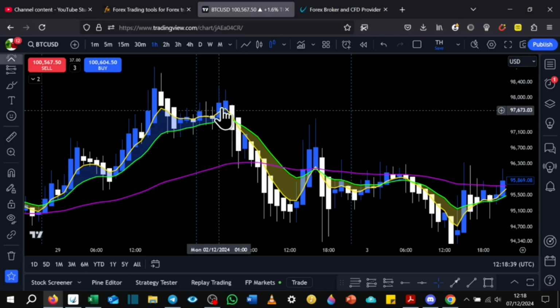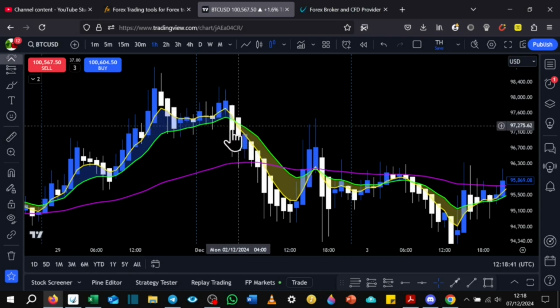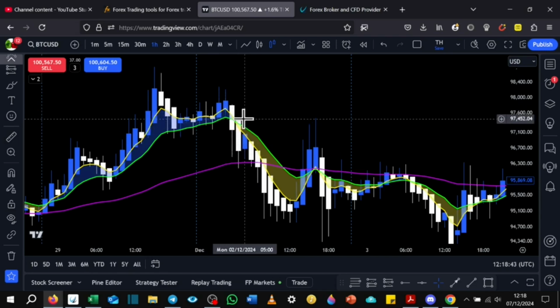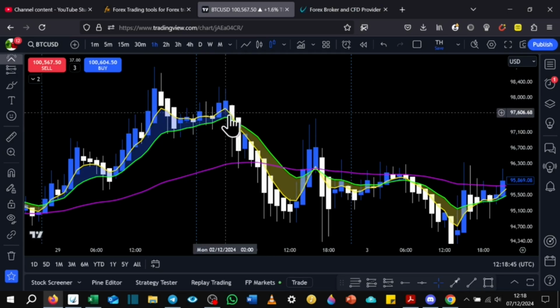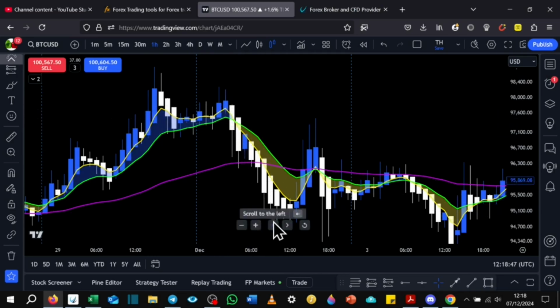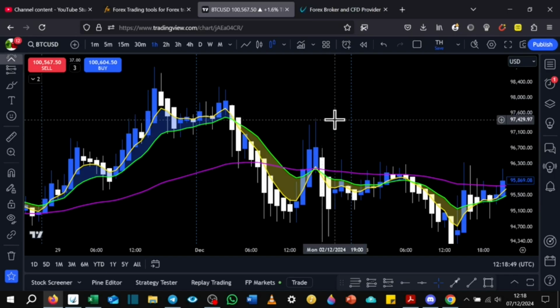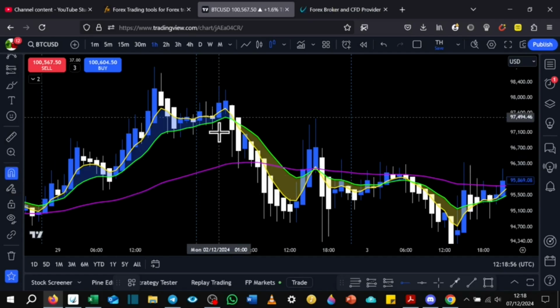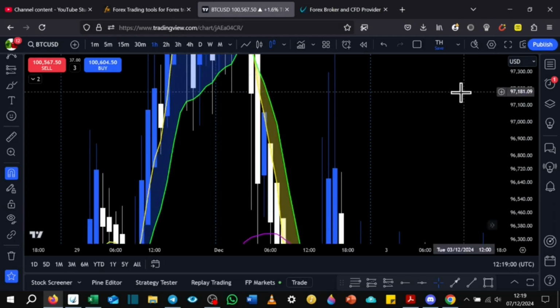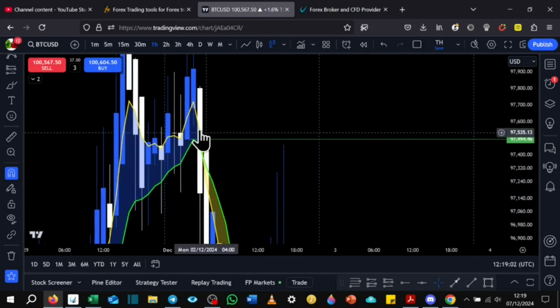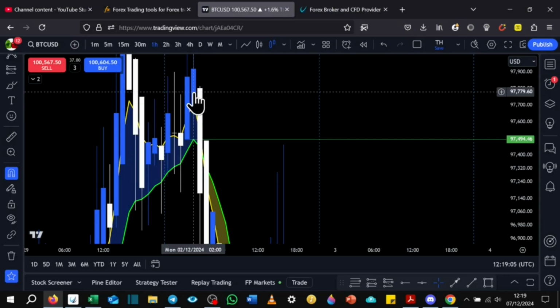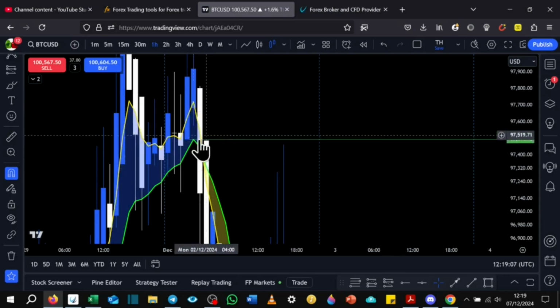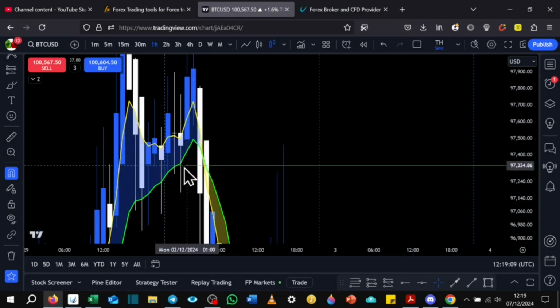Bitcoin, we had the 5 and the 13 EMA crossover. The market has pulled down. We've then got a pullback, and where did this reverse from? It didn't quite hit this candle here or this candle here. So this potentially was a missed trade.